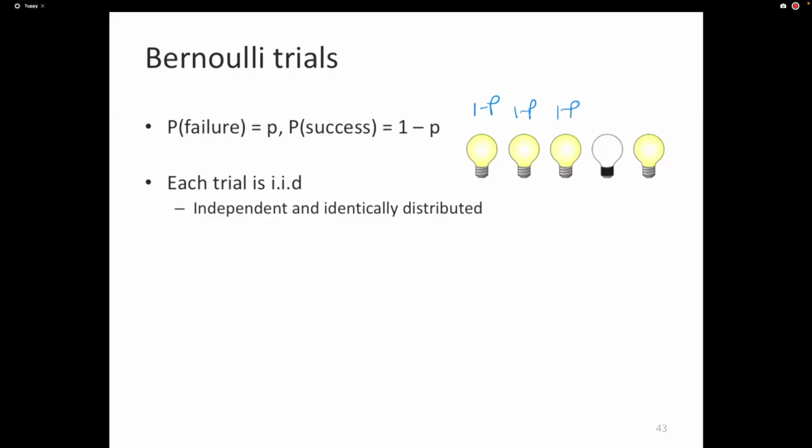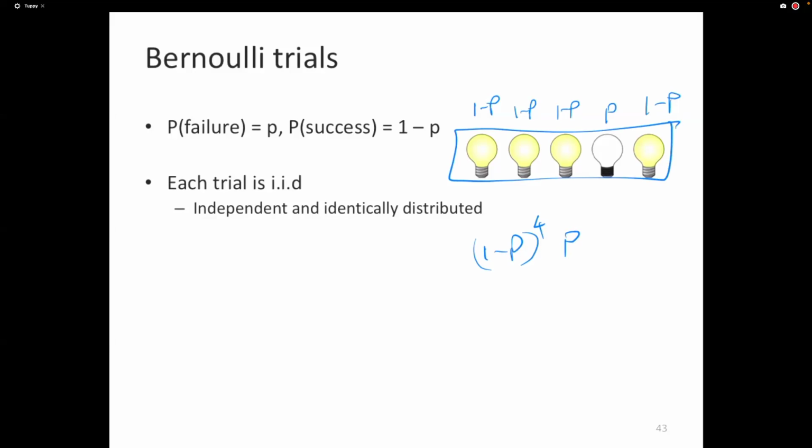This one, the fourth one, has failed. The probability that it fails is P. The probability that this one succeeds is 1 minus P. So the data that we've encountered has these 5 observations, and the probability that we've encountered this particular data set of 5 examples is (1 minus P) to the power 4 times P, but not quite that, because you can reorder this in any different way.